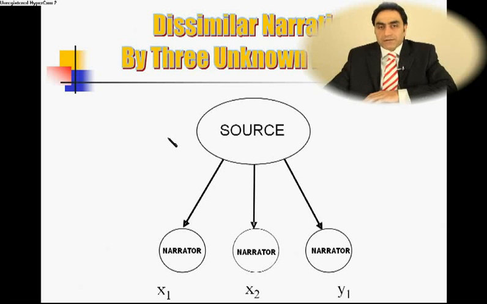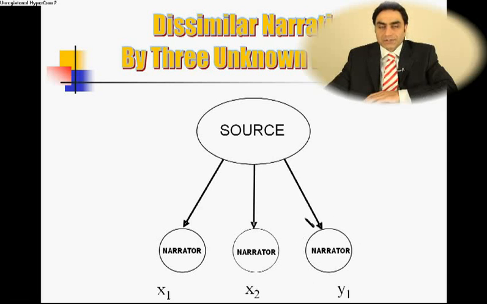Dissimilar narration by 3 unknown persons. In this kind of narration, let's assume x1, an unknown narrator, narrates an event, and x2, an unknown person, narrates an event with the same form like him, supports him, but y1, another unknown person, relates the same event but in contradiction with both.